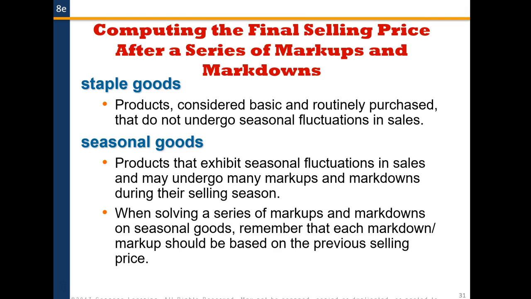Then there's seasonal goods. These products have seasonal fluctuations in sales, and they go under a lot of markups and markdowns during the season. So the key here is when solving a series of markups and markdowns on seasonal goods, remember that each markup or markdown should be based on the previous selling price. And we will practice these, so you'll see how these are applied correctly.